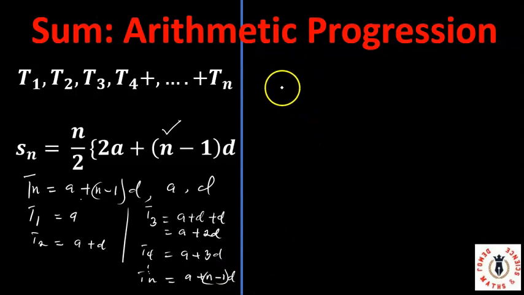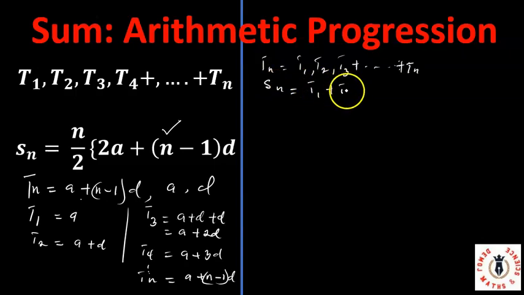Now, if I have an arithmetic series, the terms of my arithmetic series are T1, T2, T3, and it continues this way up to Tn. The sum of this series, Sn, will be the same thing as T1 plus T2 plus T3 plus up to Tn.